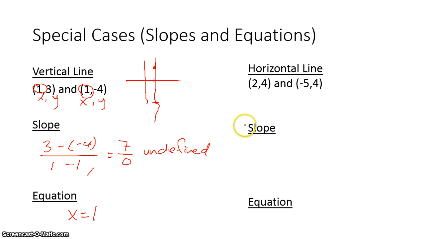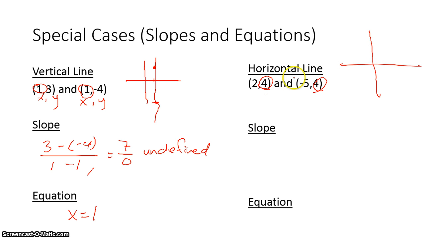Now, here, our horizontal line. What do we notice here? Just like our vertical line, where our x's were equal, we notice right off the bat that our y's are the same, right? Now, if we look at this on a graph over here, and of course, a very crude graph because my drawing skills on this thing are awesome.